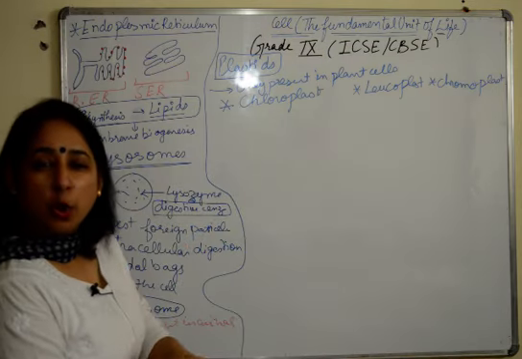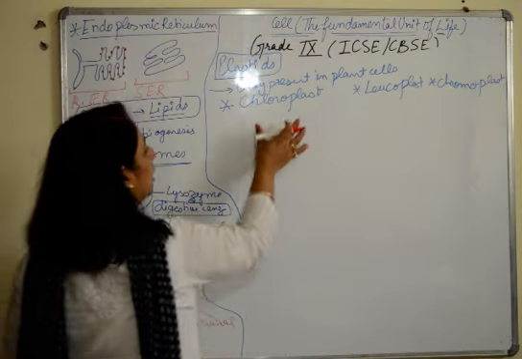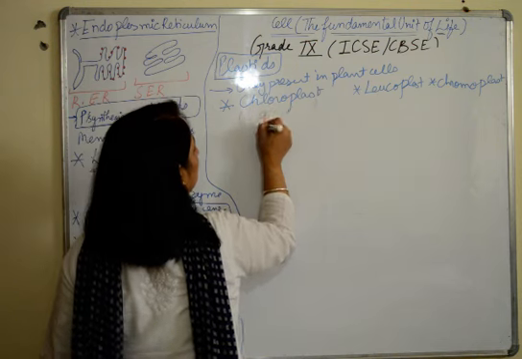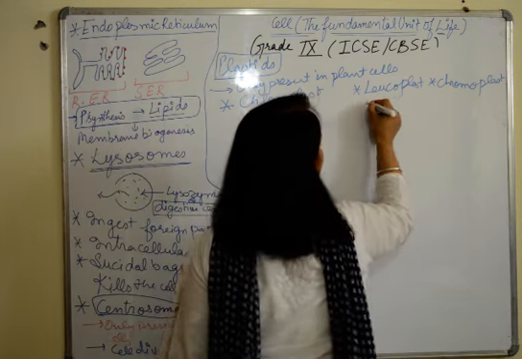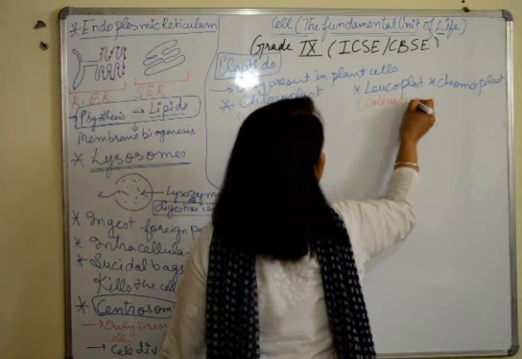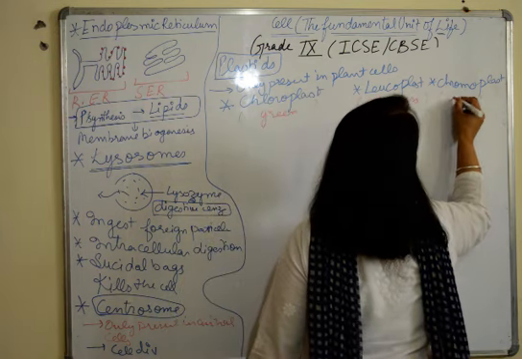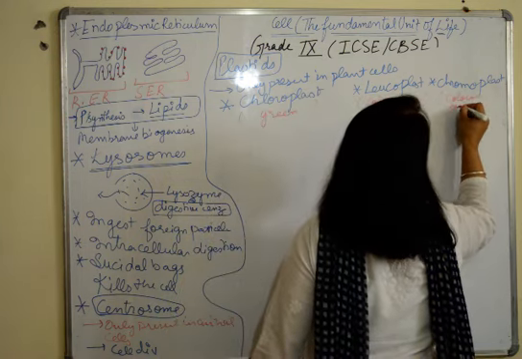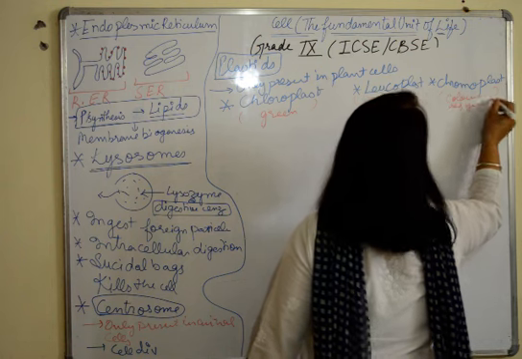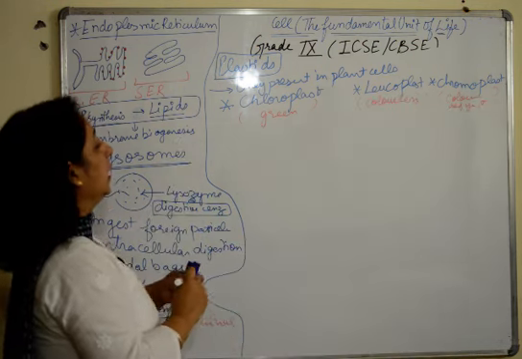I'll first of all write which one gives what color, and then we'll talk about them. Chloroplast green, leucoplast colorless, chromoplast colored, that may be red, yellow, orange, blue, violet, and all.